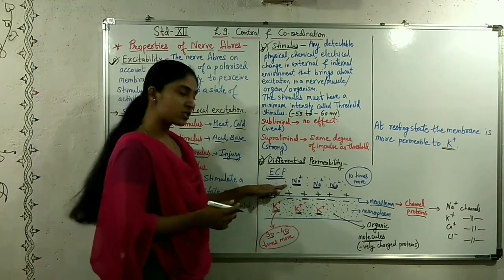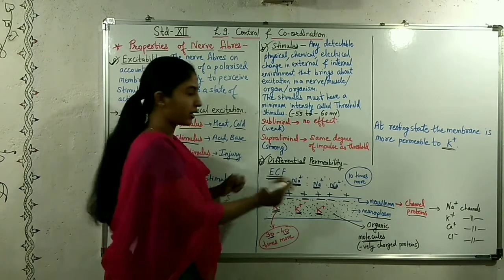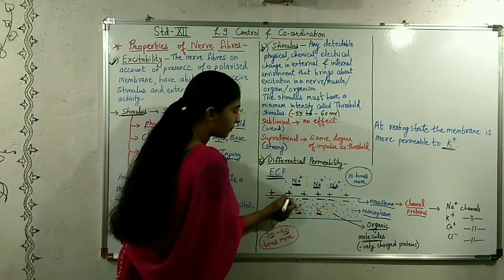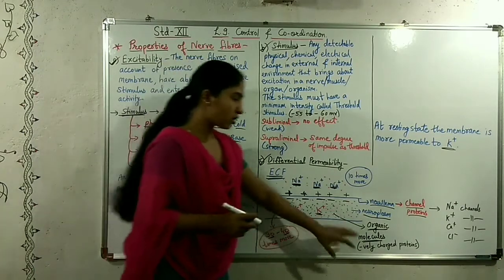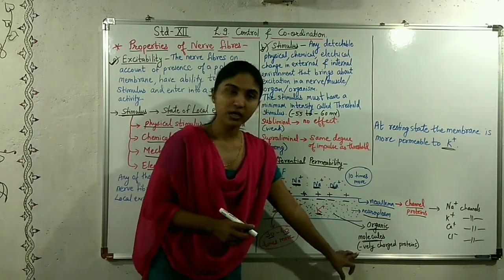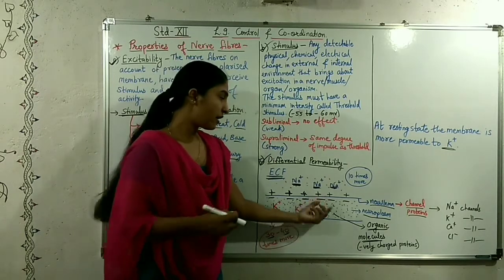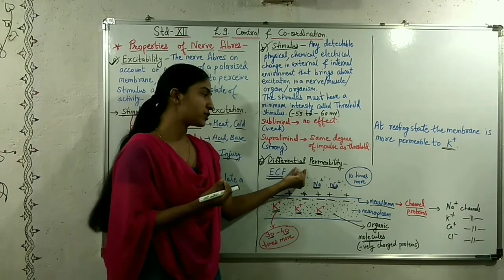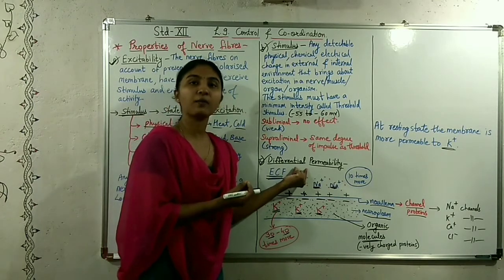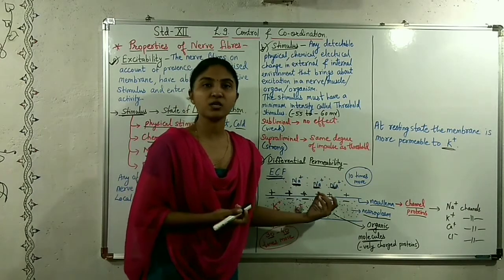Whereas due to the concentration of sodium ions, the outer side of the neurolemma is positively charged. So the inner side of the neurolemma is electronegative, whereas the outer side is electropositive.